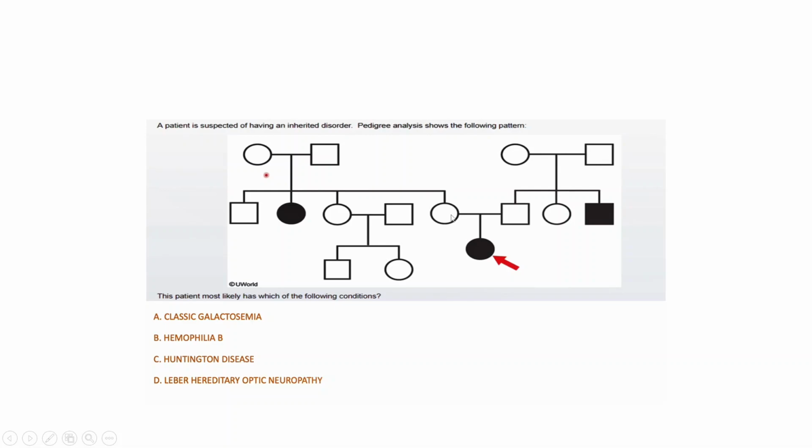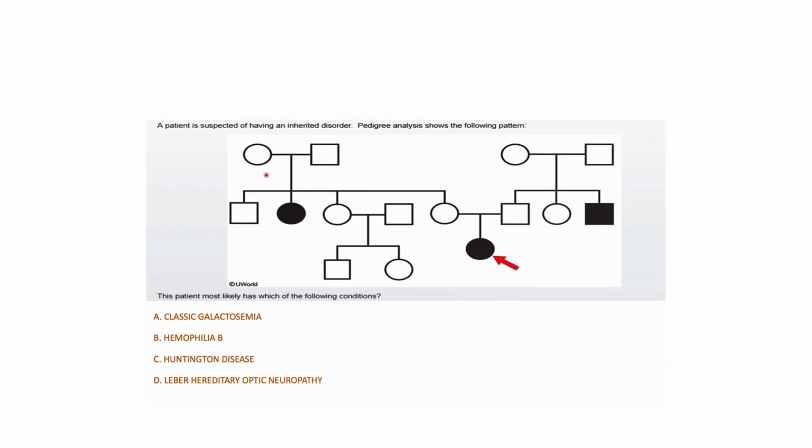But looking at this, both parents are not affected, so we're talking about recessive, right? Then a male here, a male here, a female there. So we're talking about autosomal recessive. Which of these is autosomal recessive? Now hemophilia B is X-linked. Huntington is autosomal dominant.